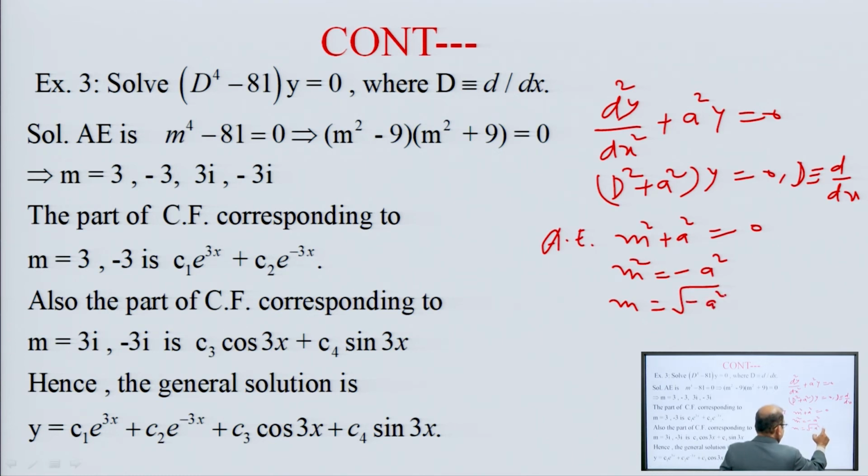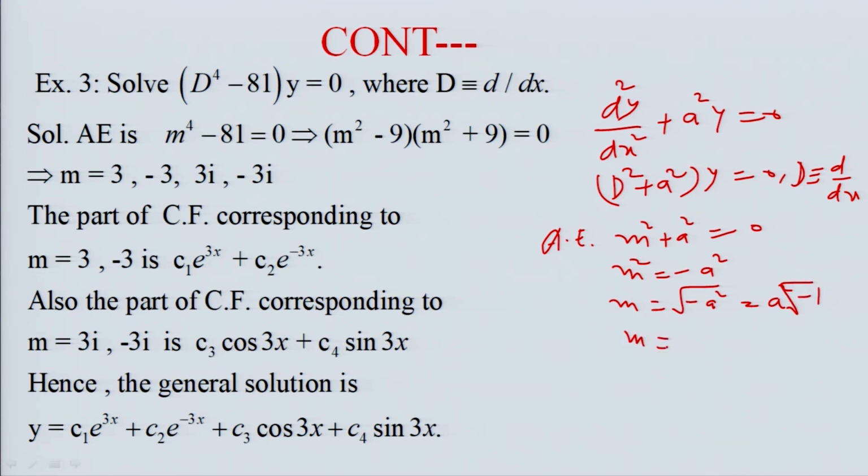So m is equal to the square root of minus a², which is a times root minus 1, that is, m equal to plus or minus ai.